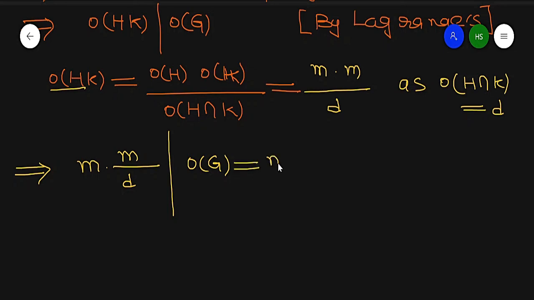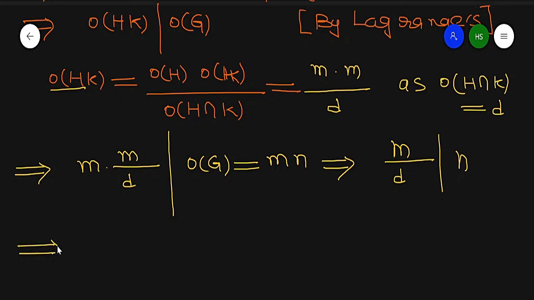It is M into N. So it implies M over D divides N, because M is the common part.